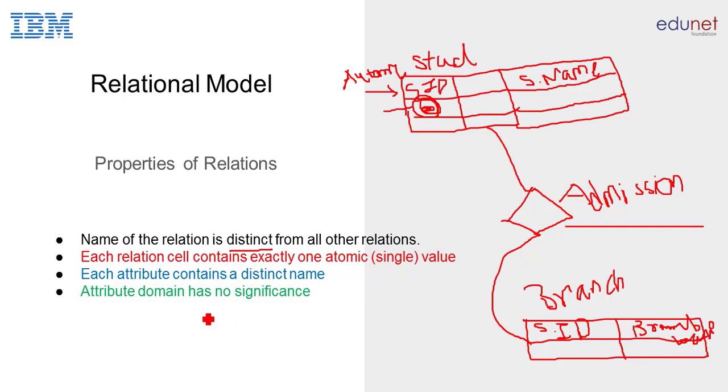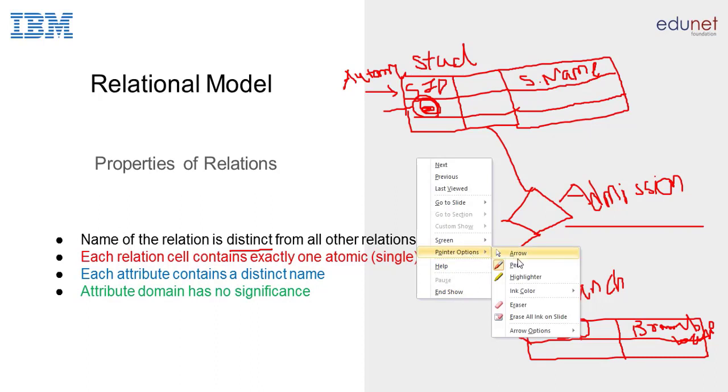Branch location having no significance means it cannot be repeated or duplicated, because branch location is fixed, and each center has a different name. So that's called branch no significance.